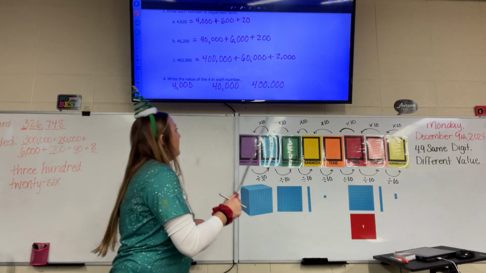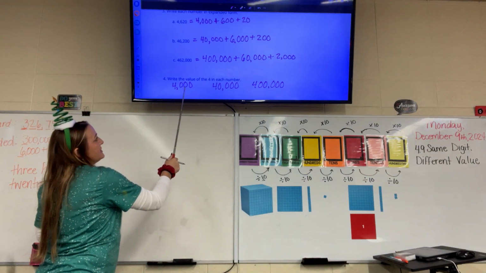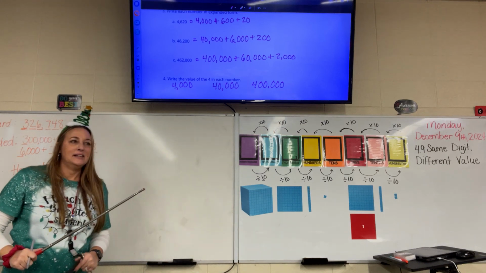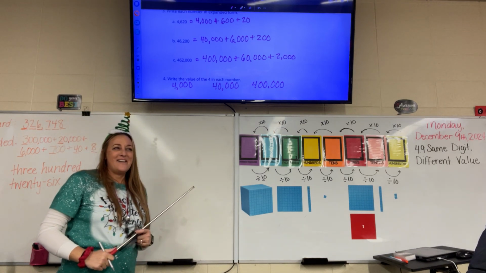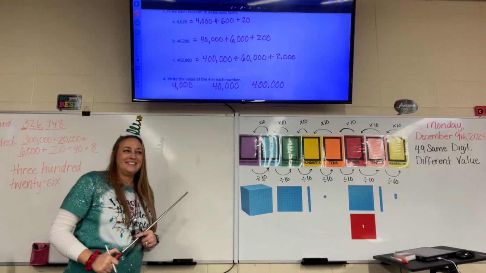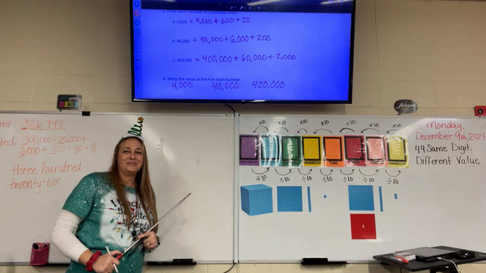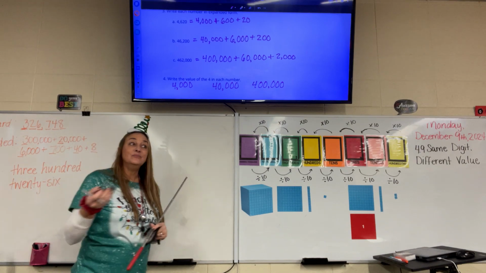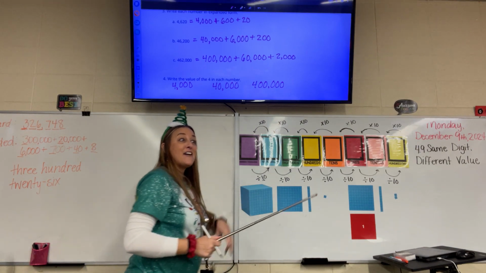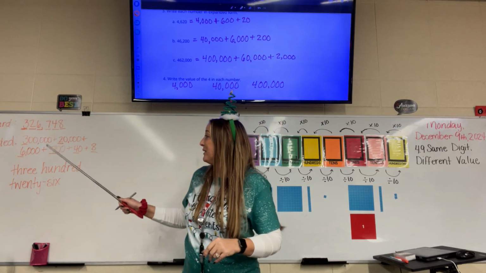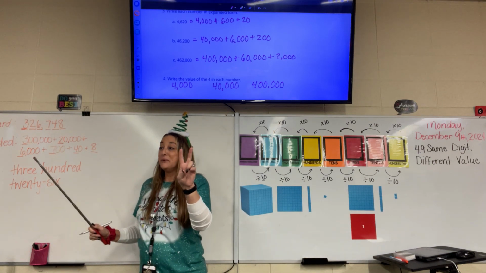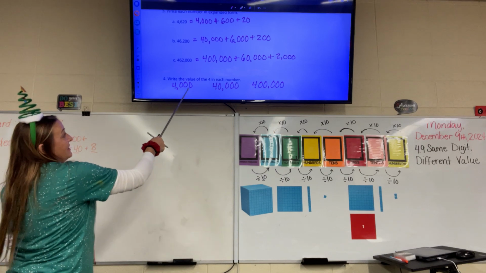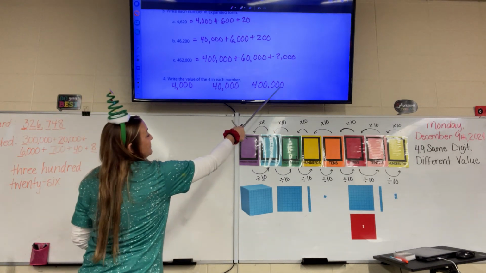Bonus though, what would you multiply this guy by to get this one? Haziel, what do you think? No. Jackson? 100. It would be 100 because you just have to add 2 zeros. Remember whenever I wrote that 2 zeros is equal to 100. And this has 3, this has 5.